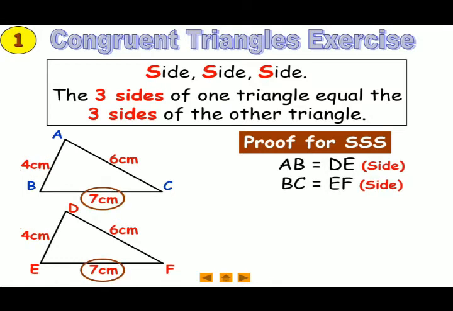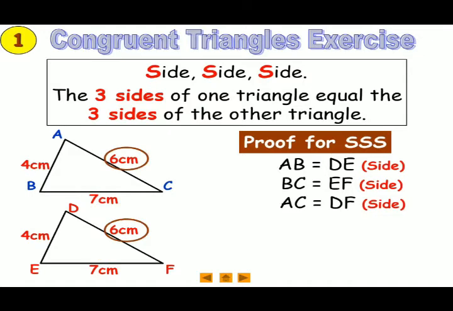Now next you can see 7 cm and 7 cm. BC's measurement is 7 cm and the measurement of EF is also 7 cm. So both will be equal. So we have to write down BC is equal to EF, and in the bracket we have to write down why, because it is a side. After that you can see 6 cm and 6 cm.